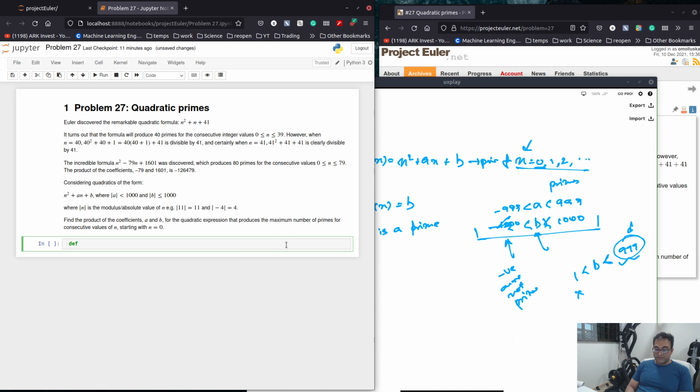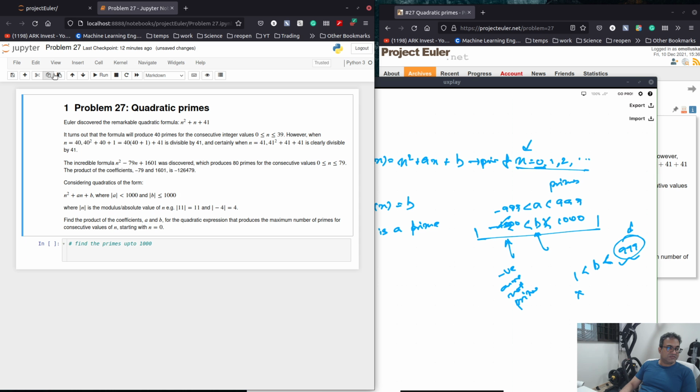So find primes, and I don't even think that I need to write a function. So find the primes up to 1000. Okay, 1000 is obviously not a prime, so I can get something like, okay, so let's import numpy first.